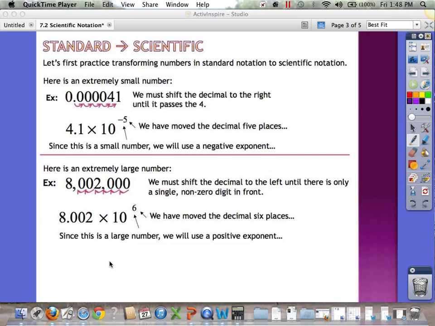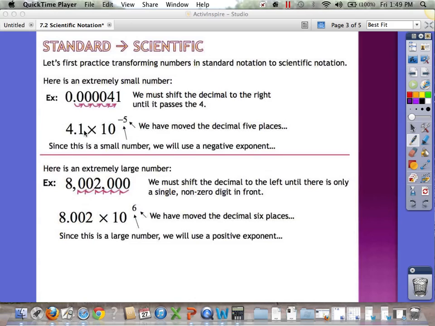We have to have a number in front of the decimal that's bigger than 0. So we need to move the decimal until it passes that 4, the first number that's bigger than 0. We put the decimal right there between the 4 and the 1. We want one number in front of the decimal, and it has to be bigger than 0.